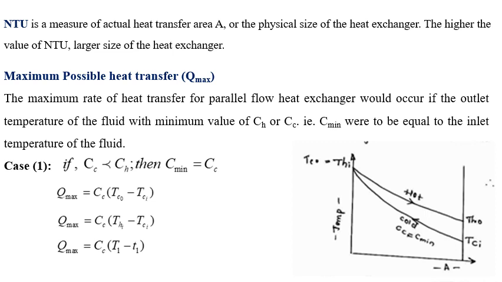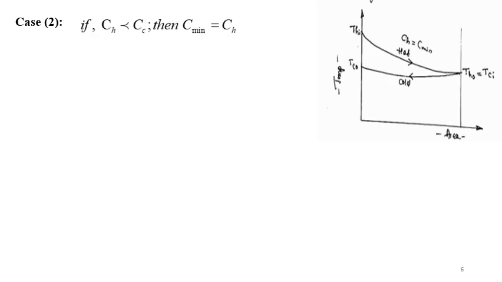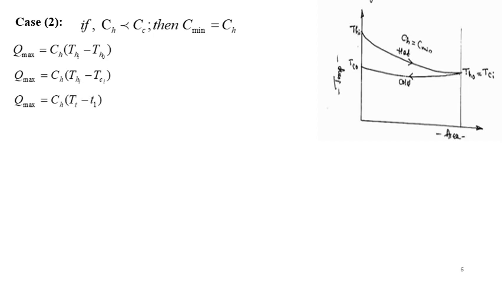Or in the second case, Qmax is equal to Ch into Thi minus Tho, which is equal to Ch into Thi minus Tci, and Qmax is equal to Ch into capital T1 minus small letter t1. So therefore, Qmax is equal to Cmin into T1 minus t1.